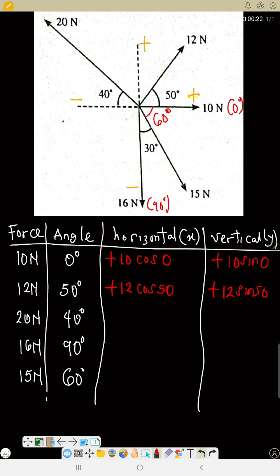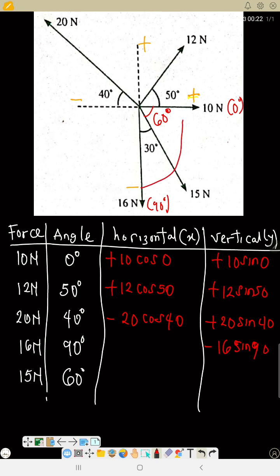Now for 20, moving it to the horizontal is minus. Moving it to the vertical is plus. So that will be minus 20 cos 40, plus 20 sin 40. Now 16 is in the vertical already, so the angle is 90, and that vertical is minus: minus 16 sin 90.